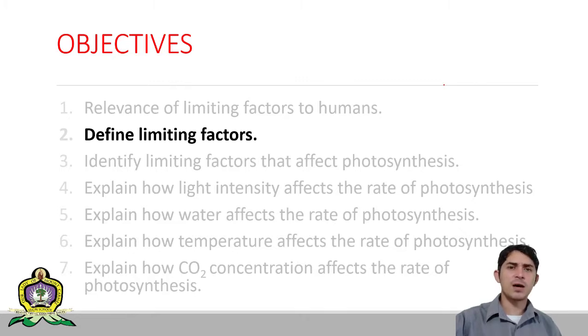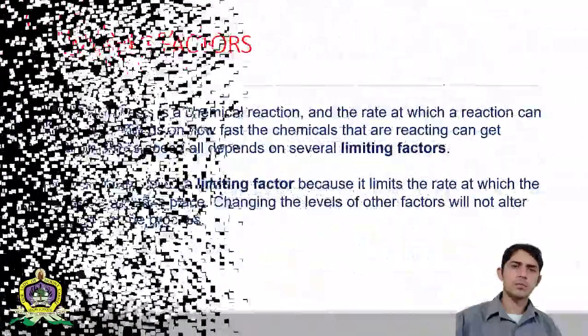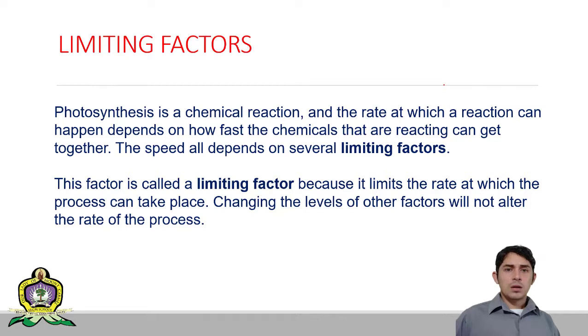What is a limiting factor? It is very important for us to understand limiting factors. Why? Because these factors are things that actually stop or slow down reactions that are occurring. But let me give you an example of how this works.